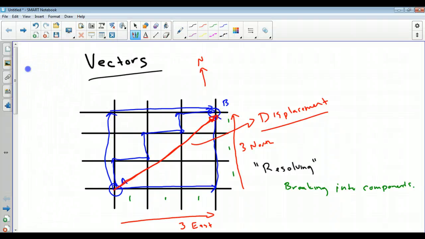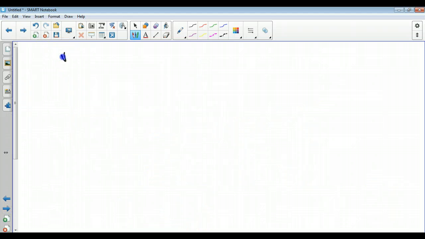So we can use vectors for displacement. We can also use vectors for velocity, and velocity is where we're going to be using it mostly during the second quarter, is looking at the velocity of an object undergoing what's called projectile motion, or we can also use it for forces, but we'll start with velocity for projectile motion.